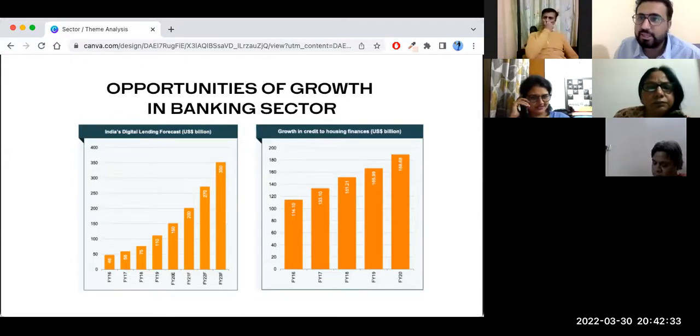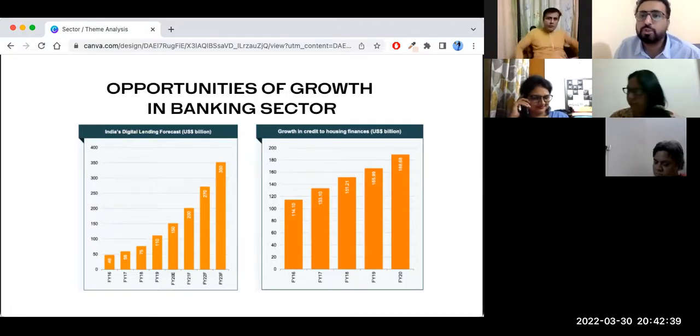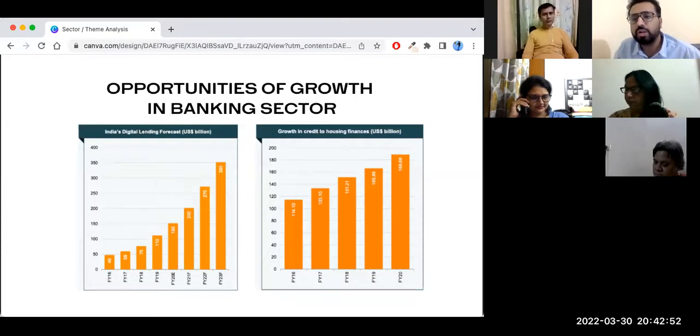In FY23, that market becomes $350 billion. So in 2 years, it is close to doubling. It's doubling almost, like in 2 to 2.5 years. The overall market is doubling.